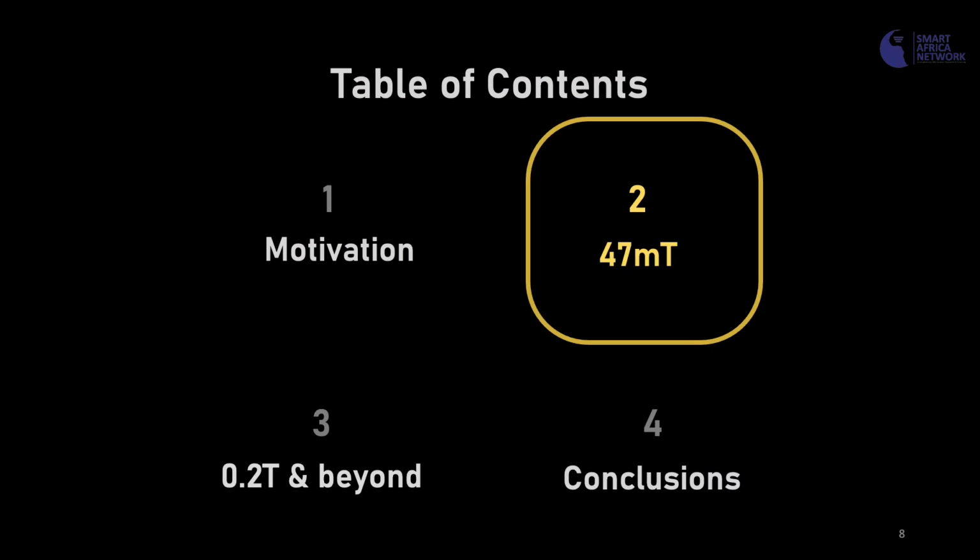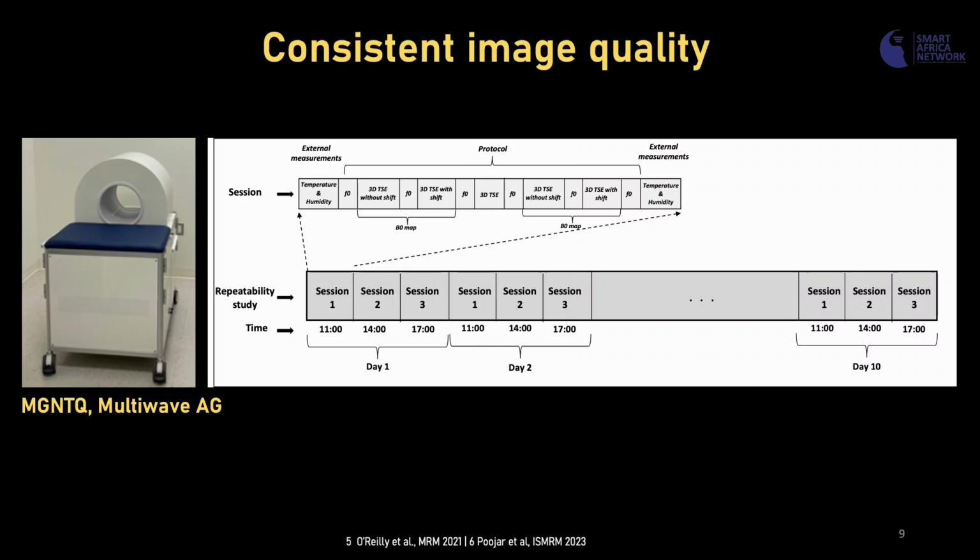With that in mind, let's look at our data from 47 millitesla. Our experiment included 3 sessions every day and 10 such days. We performed these experiments on the magnetic cube from Multiwave, which is the first prototype, based on Tom and Andrew's design.